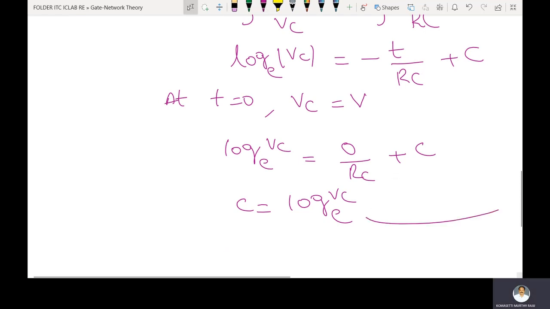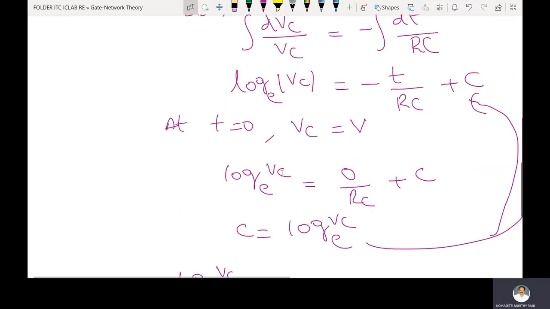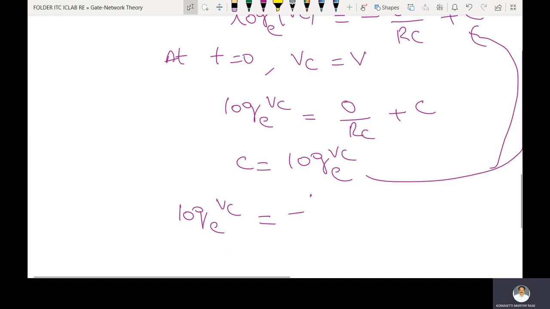This C value is substituted in this equation. Therefore, log Vc is equal to minus t by RC plus log Vc at 0.